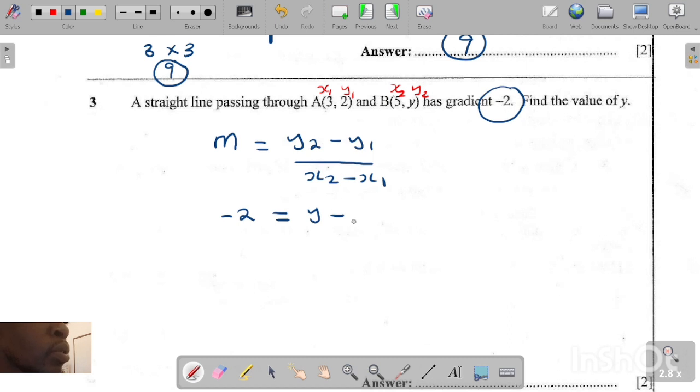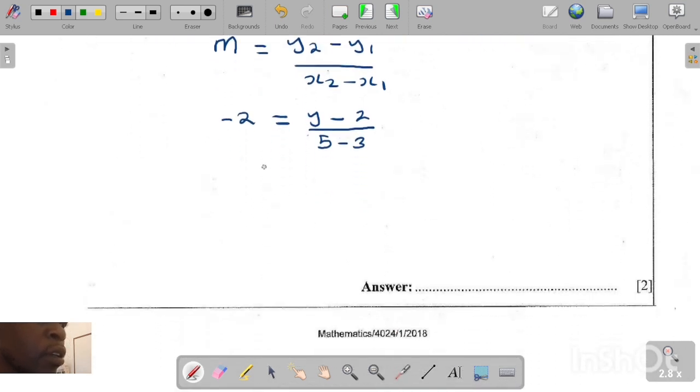Y1 is 2, so 2 here, divided by x2 is 5, so we have 5 minus x1, which is 3. So we have negative 2 is equal to y minus 2 over 5 minus 3, which is 2.